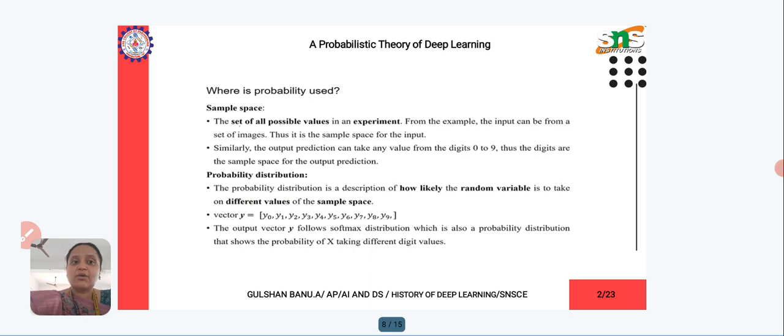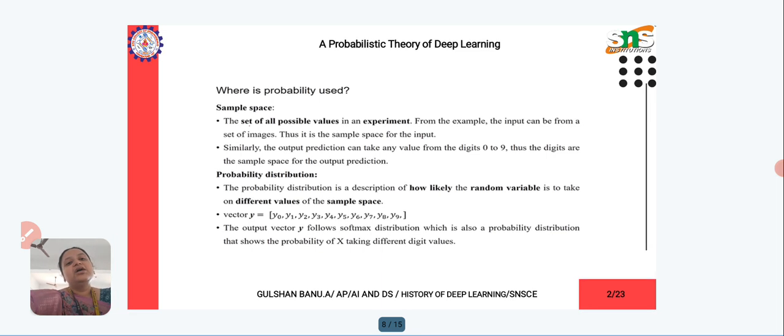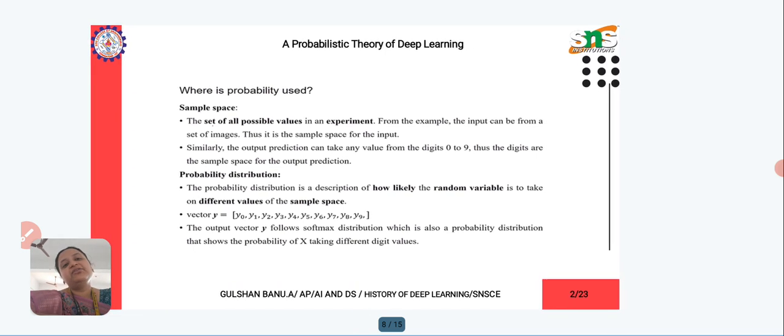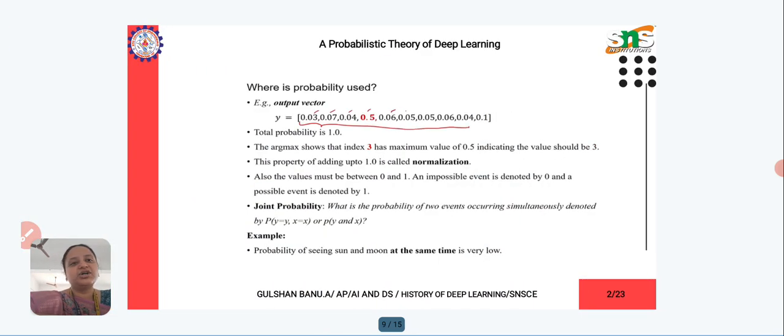Now, what are probability distributions? A probability distribution describes how likely the random variable is to take on different values of the sample space. Now, we have a vector y: y0, y1, y2, y3 till y9. The output vector y follows the softmax distribution, which is also a probability distribution that shows the probability of x taking different digit outputs.